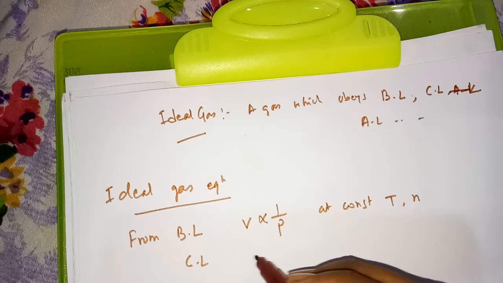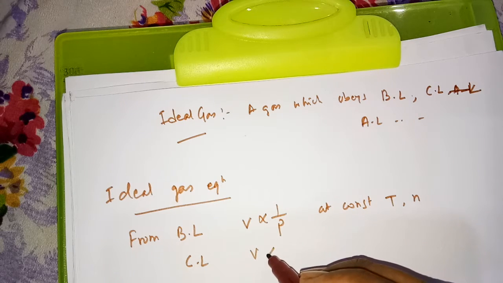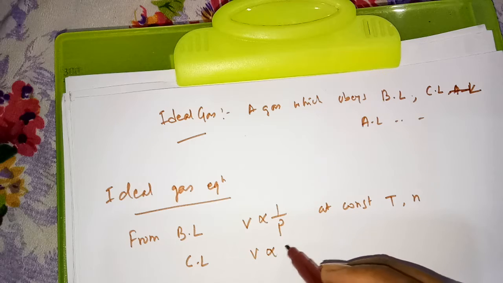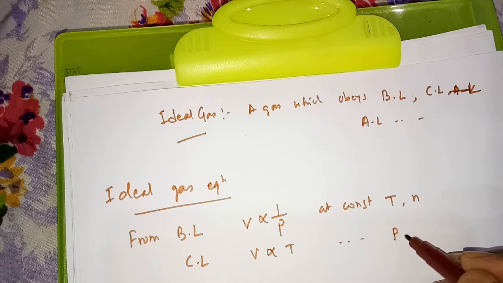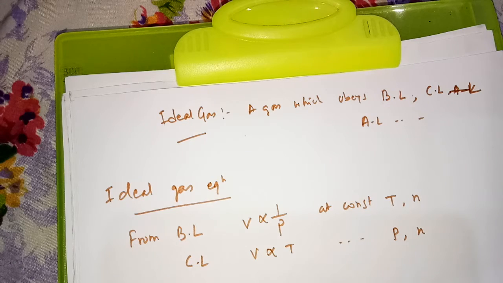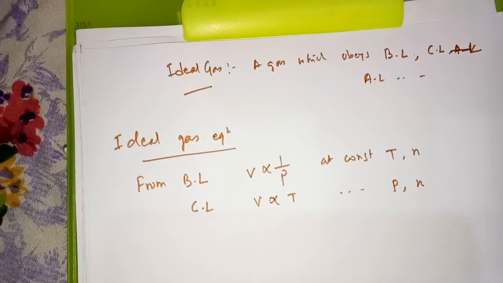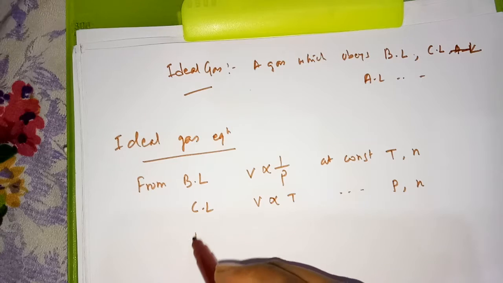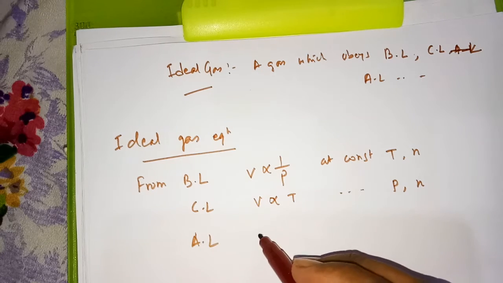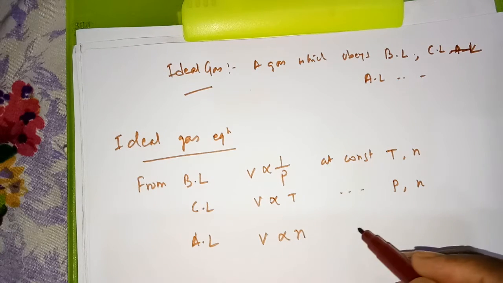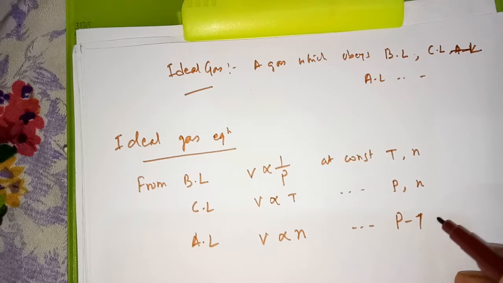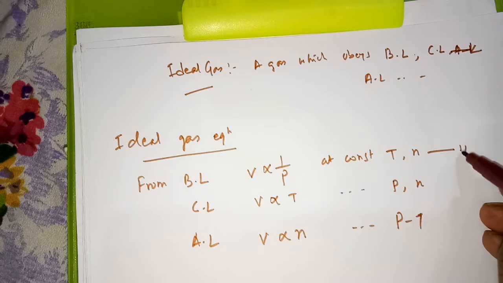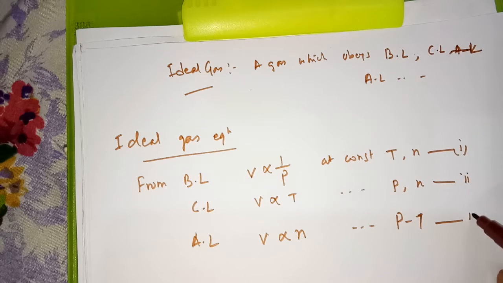From Charles' law, V is directly proportional to temperature at constant pressure and n. From Avogadro's law, V is directly proportional to n at constant pressure and temperature. We consider this equation number 1, this 2 and this 3.